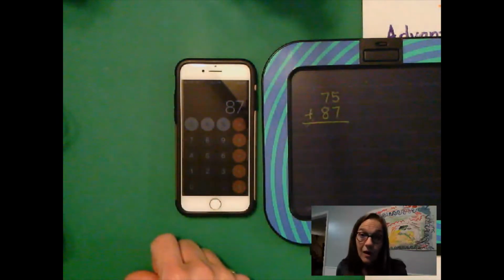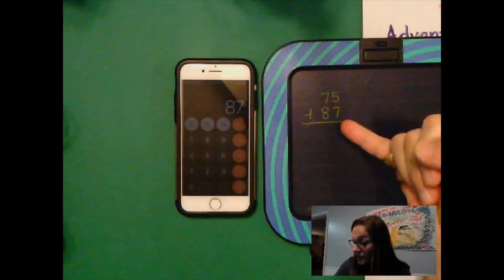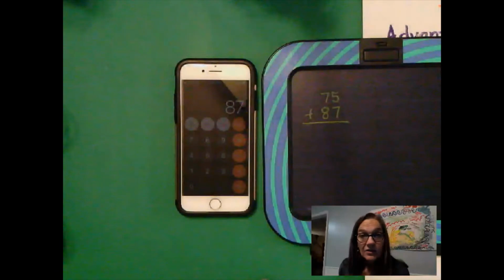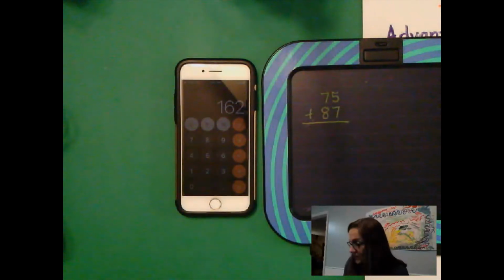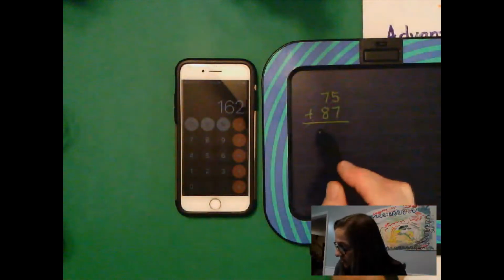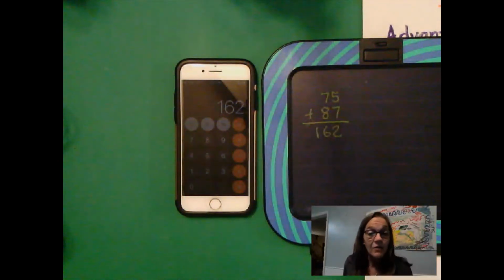Now, most of you probably can't figure that out real quick in your head, and maybe not even seeing it written out, okay? But we can do it really quickly on a calculator. It's 162, okay? So we can easily write 162.